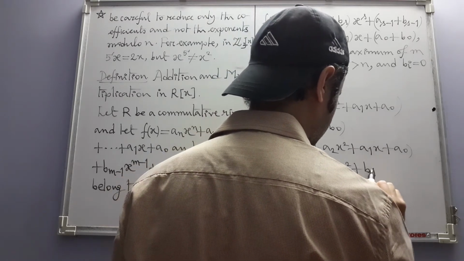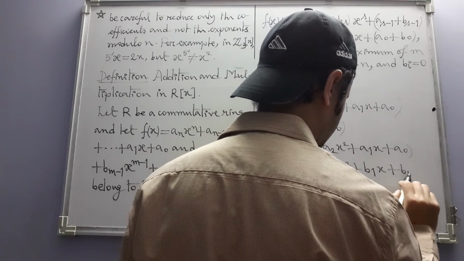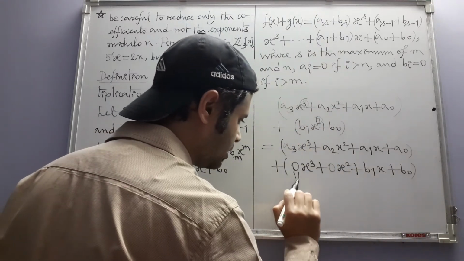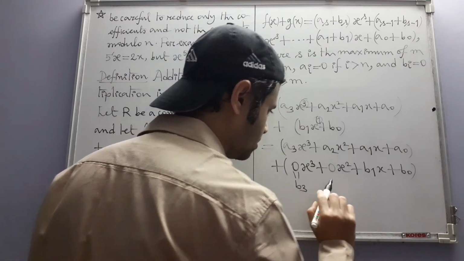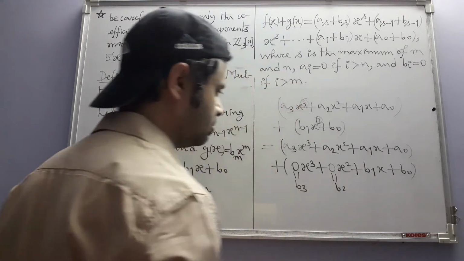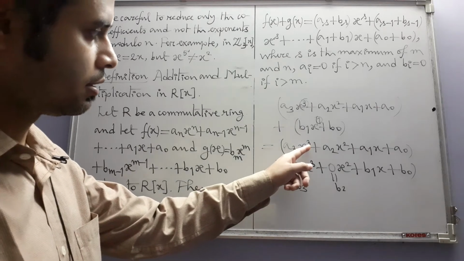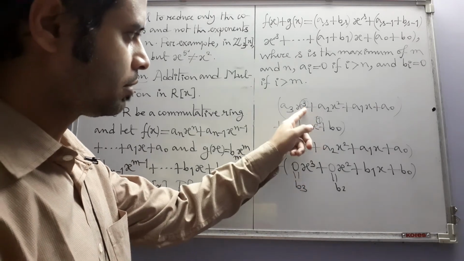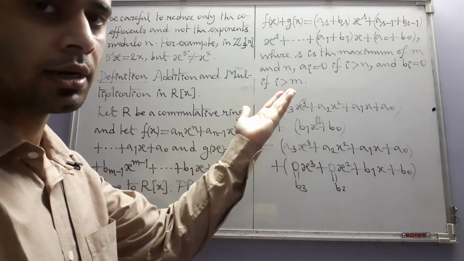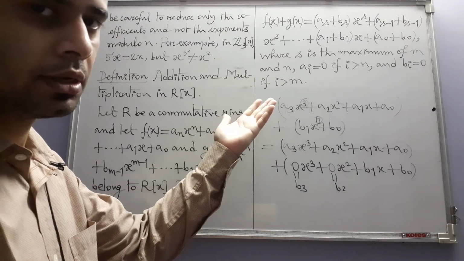Plus b1x plus b0. So you treat this as b3 and this as b2, and then you perform the addition. That's why the maximum among these two appears there, and that maximum we are denoting by s.